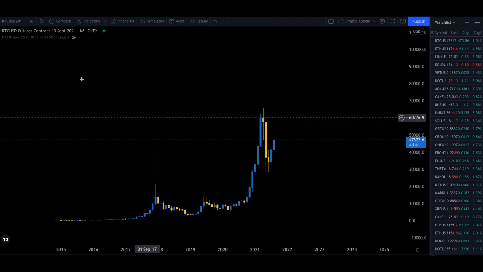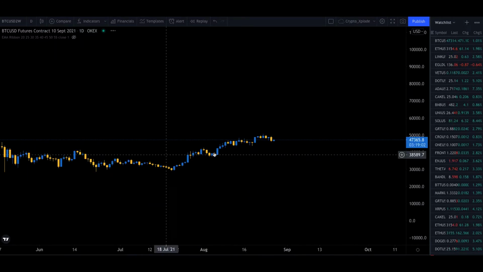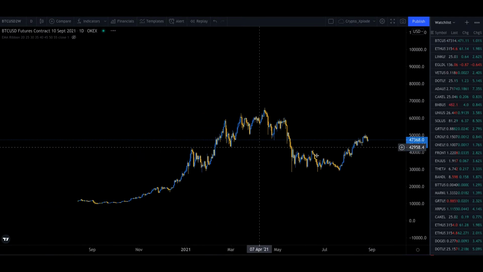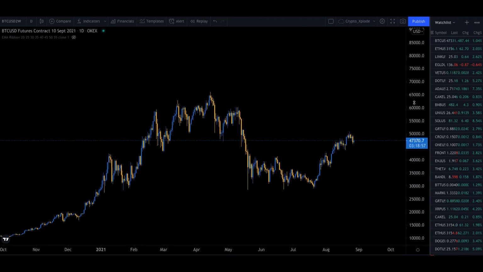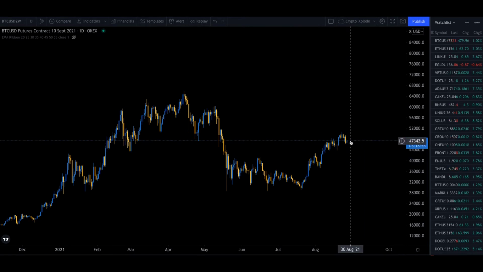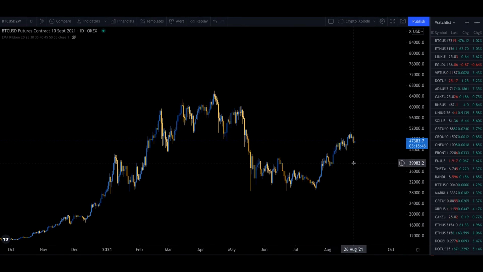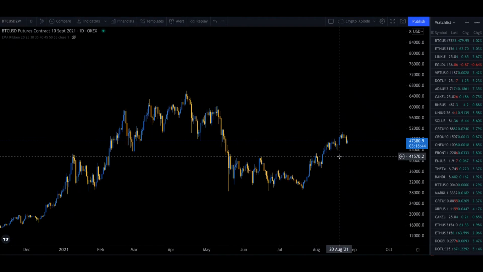We personally use all the charts. When we are doing short-term trades, as a swing trade, we're using the daily and the 4 hours. So if you are looking to enter just to trade with leverage for a short period of time, let's say you will enter at 47k and you are looking to exit once the price goes back to 50k or 56k, then most probably you will be looking at the daily.